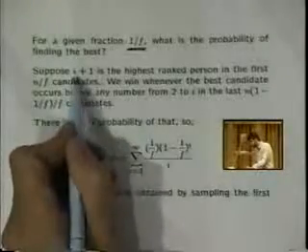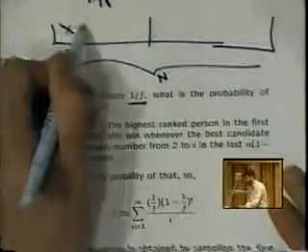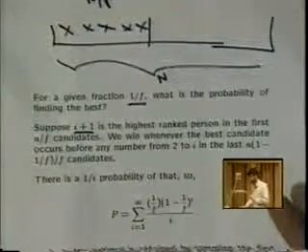Suppose that candidate number i plus 1 is the highest ranking person in the first n over f candidates. So now we've got a world where we've got a total of n candidates. There's n over f that we've all rejected on principle.